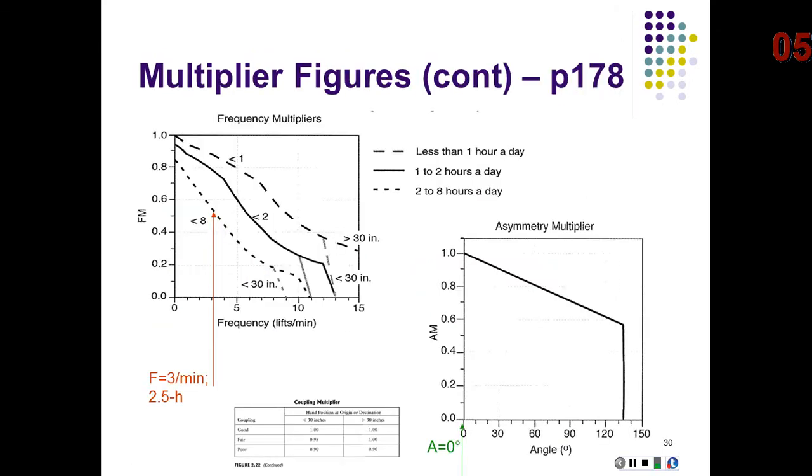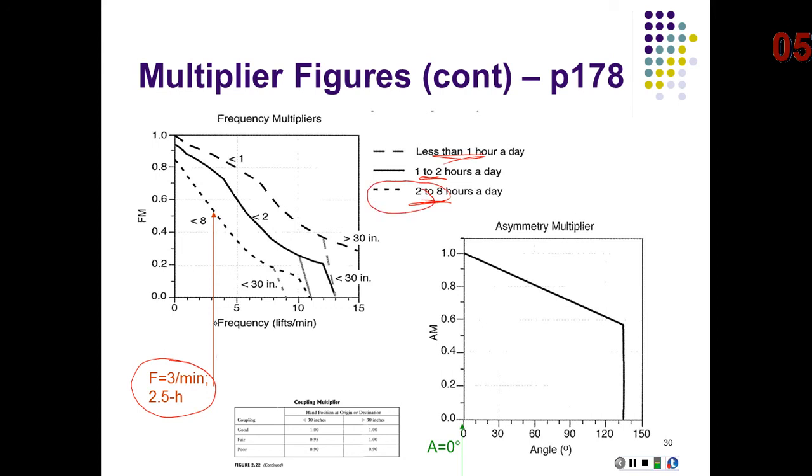To get to FM is just a little bit more complicated because you have three durations. We were at 3 lifts per minute for a 2.5 hour duration. You can see that our solid line is 1 to 2 hours, our small dash is 2 to 8, versus our long dash which was less than an hour. At 2.5, it's the dash line here.